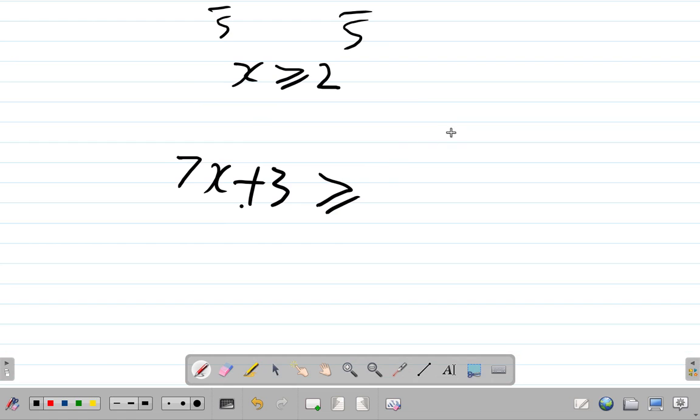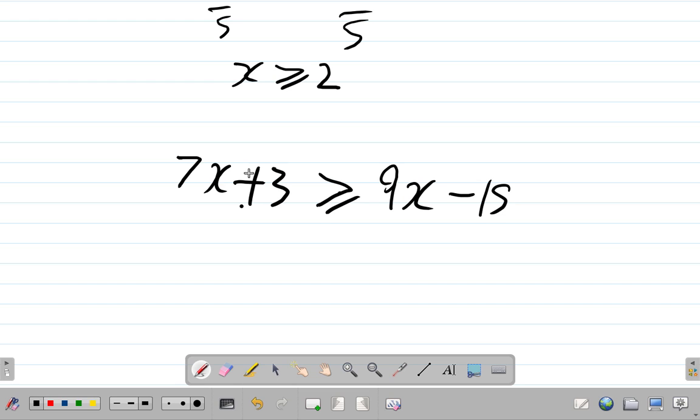I have, in this case, 9x minus, let's say, 15. I want to solve this. Pause the video and solve this one for me. And tell me what you get when you solve it.